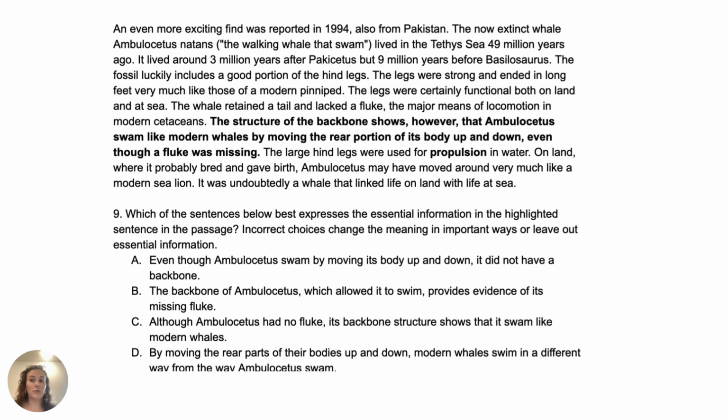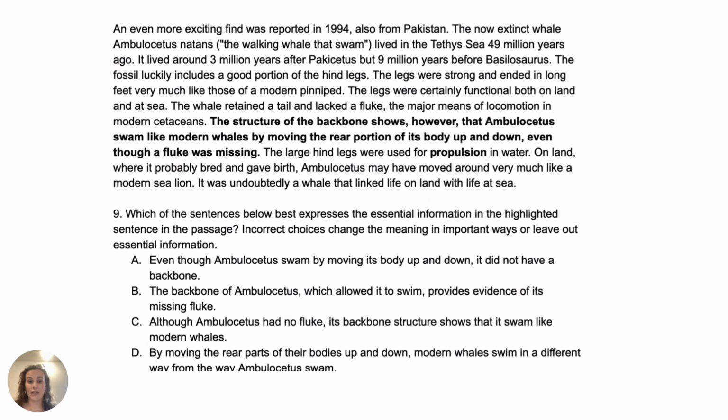Choice A is incorrect because it does have a backbone. It's a fluke that it doesn't have. What about choice B? Is it correct or incorrect? Choice B is incorrect because the backbone does not provide evidence of its missing fluke.